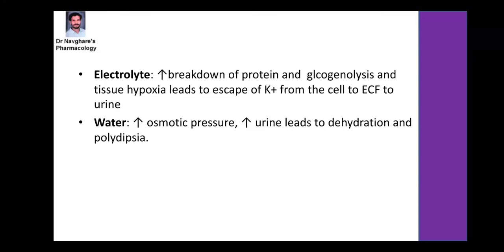Increased breakdown of protein and glycogenolysis and tissue hypoxia lead to escape of potassium from the cell to extracellular fluid and towards urine. That can be suppressed by insulin administration. Along with that, insulin helps in water balance. Increase in osmotic pressure causes increase in urine. That increased urine gives rise to dehydration. So insulin reduces symptoms like polydipsia by correcting the condition.